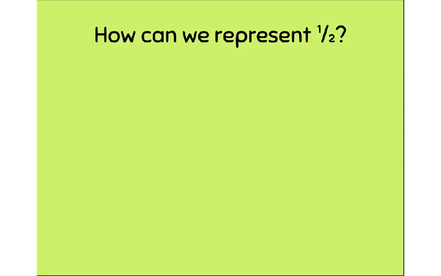So in your notebook, draw a big circle. And let's represent 1/2. Draw a picture to show 1/2. I'll give you a second to do that now.